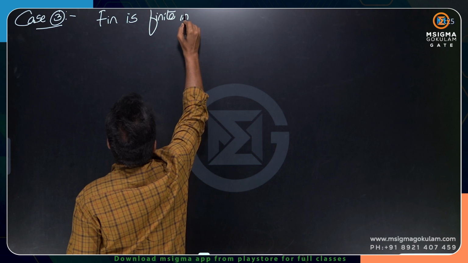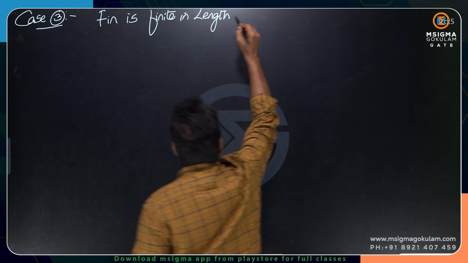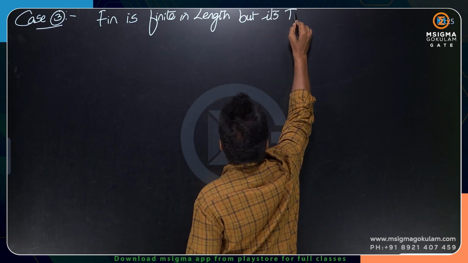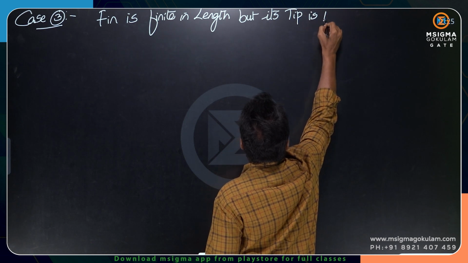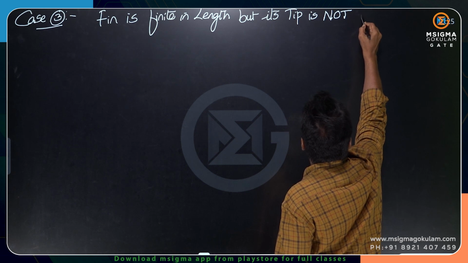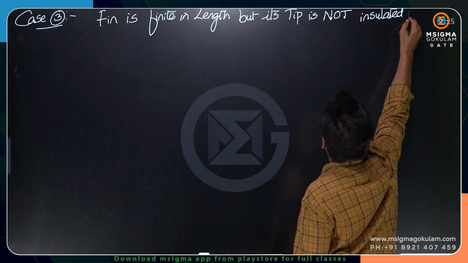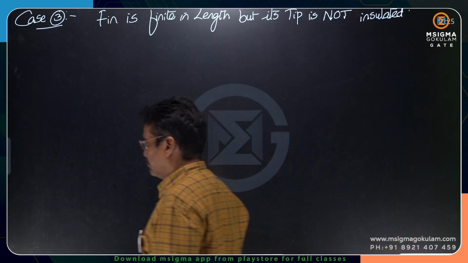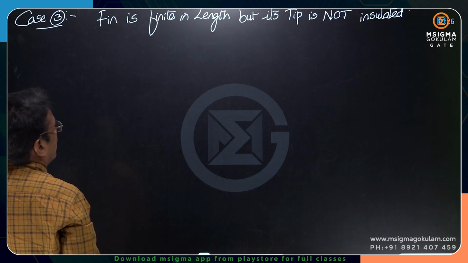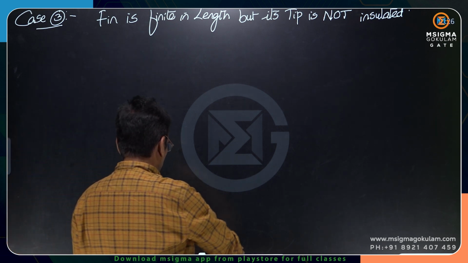Fin is finite in length, but its tip is not insulated, uninsulated tip. That means there is a convection heat loss from the tip also.